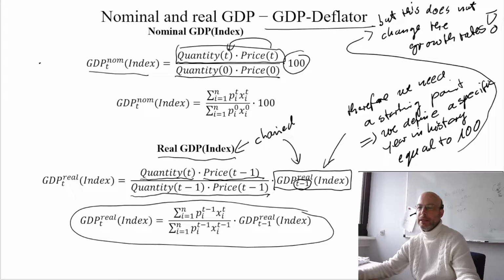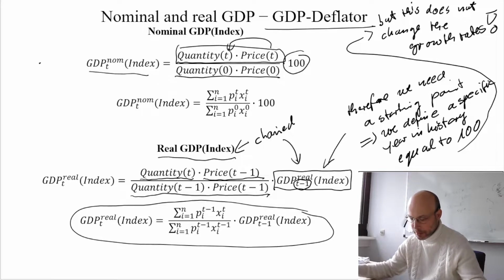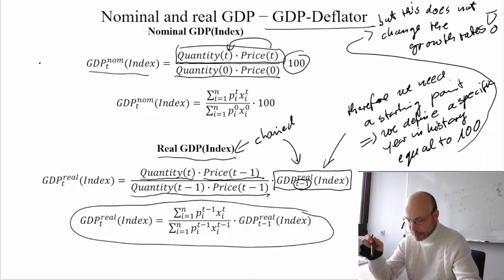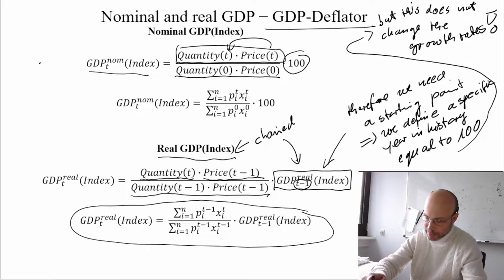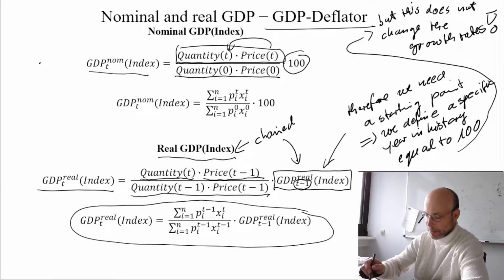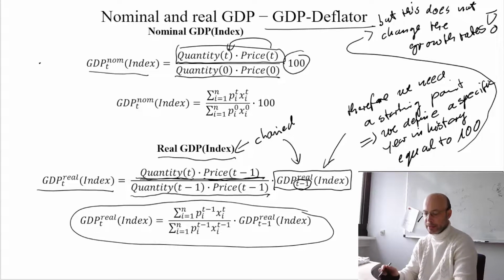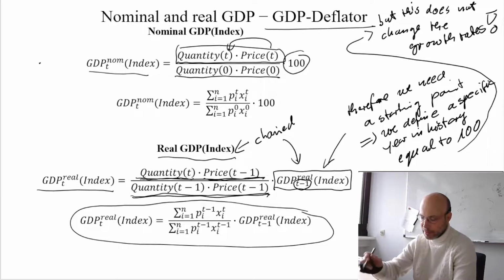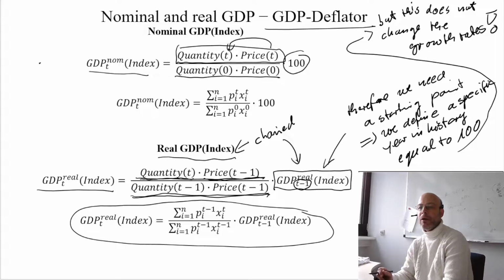In this calculation I made a little mistake. When calculating the index of real GDP, we have to calculate real GDP of time t, and then I divided it by the nominal value of t also, and this is of course wrong.